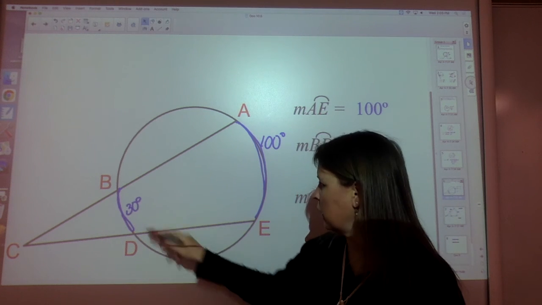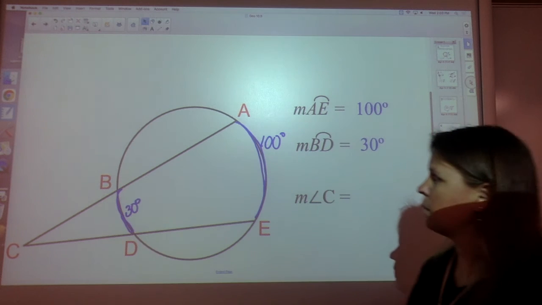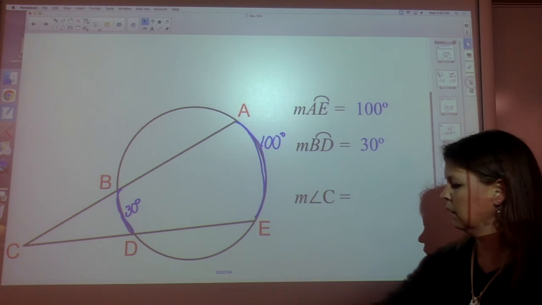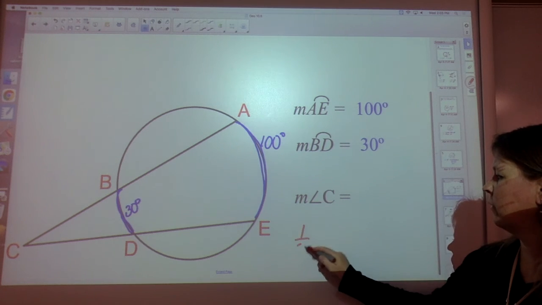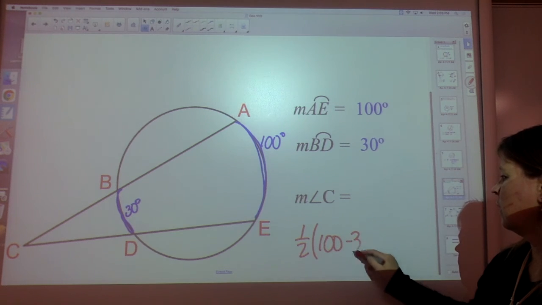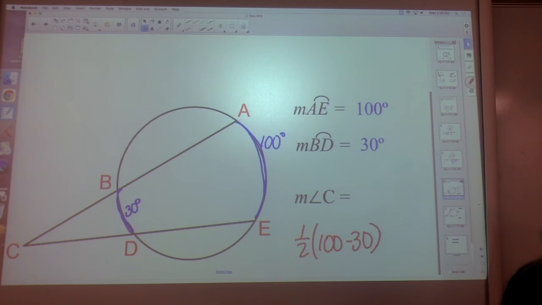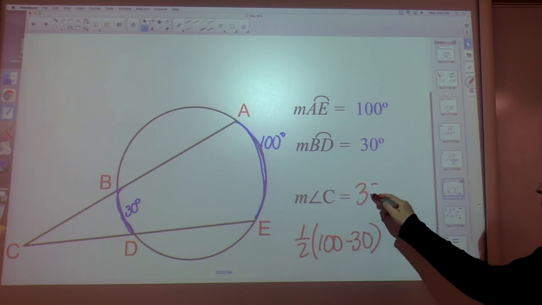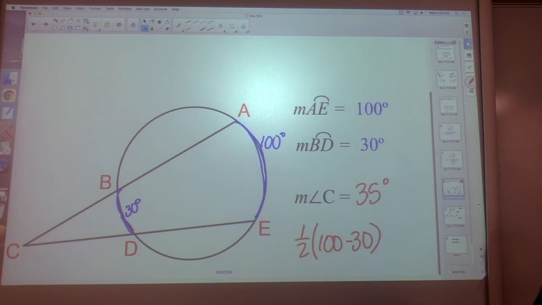Oops, I probably should have put that on the other side. Won't let me. Measure of angle C equals half the difference. I don't know who figured that out, but it's kind of cool that they figured it out. Works every time. Take 100 minus 30, get 70, cut it in half. Half of 70 is 35.